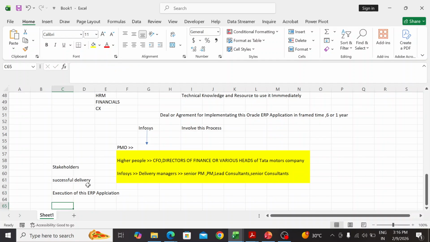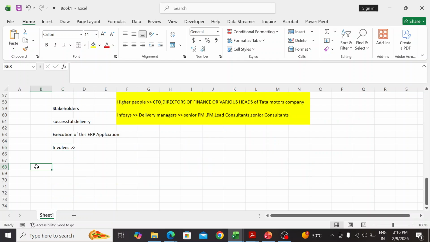Because implementing an ERP involves a lot of money, effort, and years of hard work. For example, I worked for a Denison client in Infosys. Do you know how much money they invested?